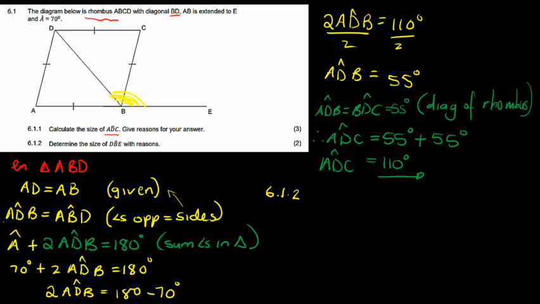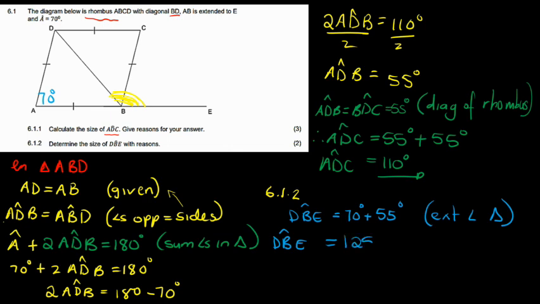So we can say angle DBE is equal to 70 degrees, because that was 70 degrees, plus 55 degrees, and the reason is exterior angle of a triangle. So 70 plus 55 degrees will give us 125 degrees, and that will be our answer.